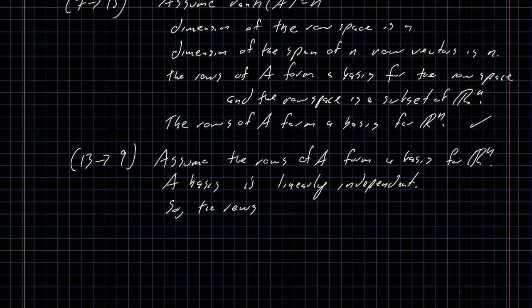And the only way for the rows of A to form a basis is for the rows of A to be linearly independent. From this, I wanted to get back to 5.